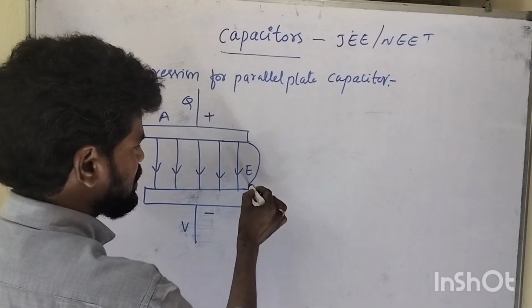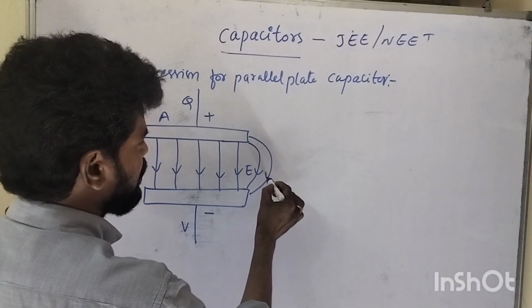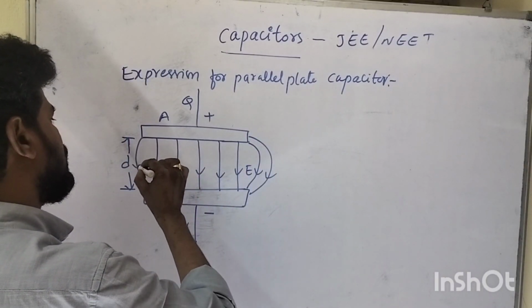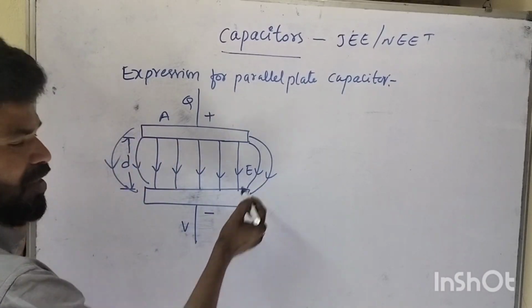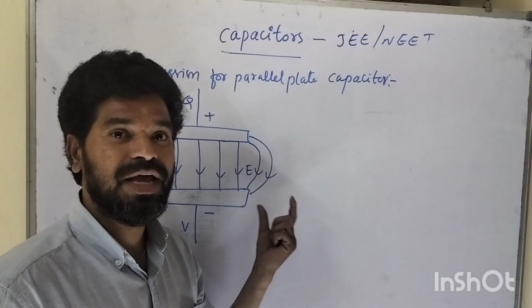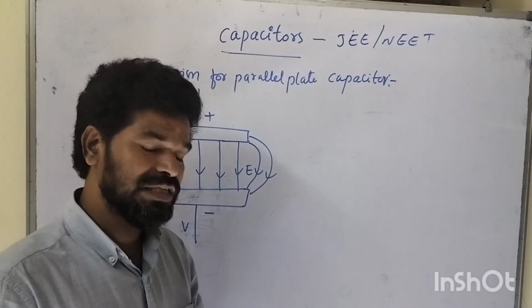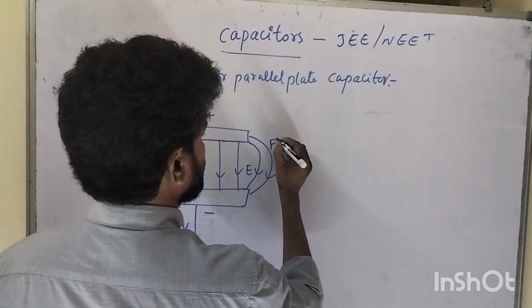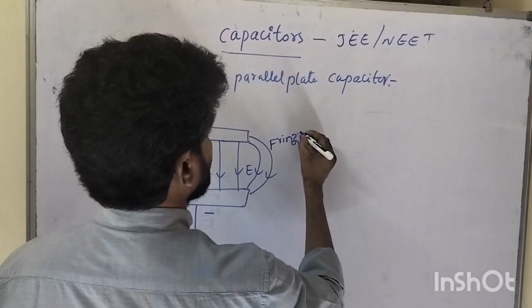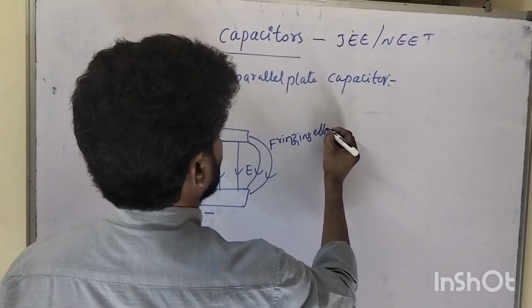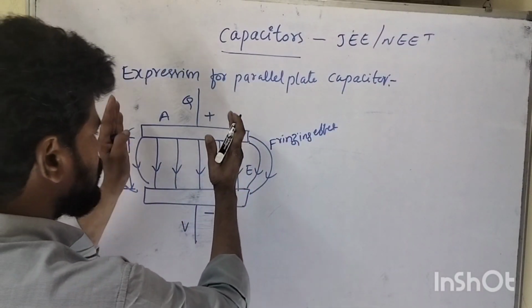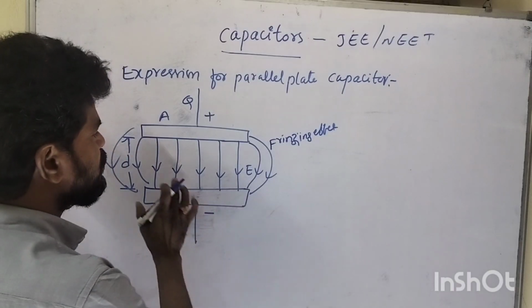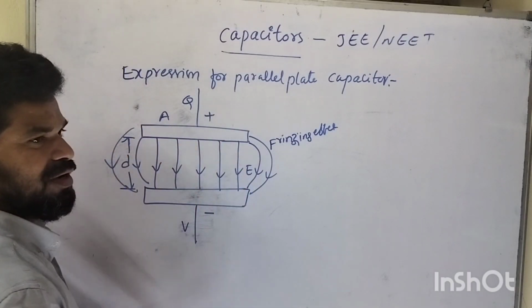But at the edges, curved electric fields are developed. These curved electric lines are known as the fringing effect. Between these two plates, the uniform electric field intensity is developed.